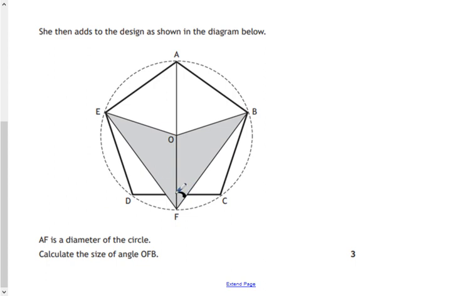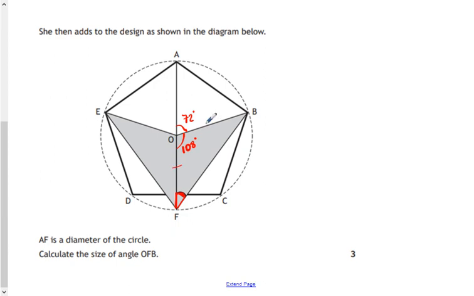Okay, so let's see. What information do we already know? Well, if it's a pentagon, then that's going to be 72 degrees because 360 divided by 5 is 72. Since that's a straight line, this has to add up to 180, which gives us that that is 108 degrees in there.